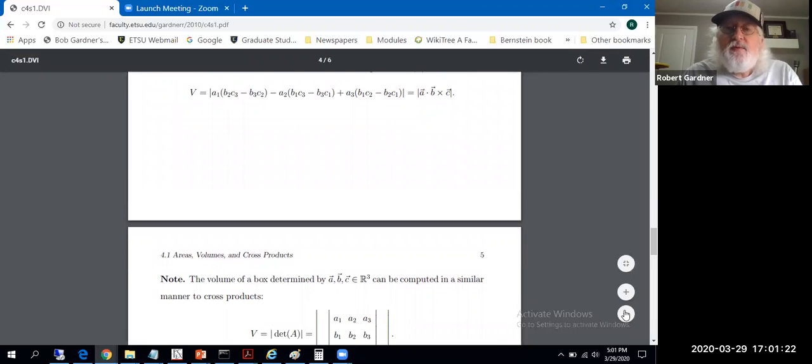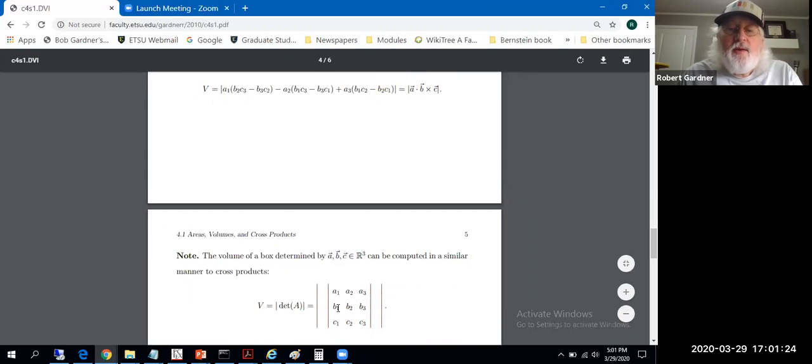And it doesn't fit very well, but the determinant would be A1 times the determinant of the little minor matrix, we'll call it, B2C3 minus B3C2. Well, there's your A1, B2C3 minus B3C2 minus A sub 2 plus A sub 3, and so forth.